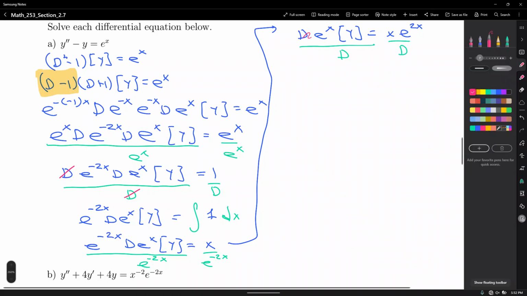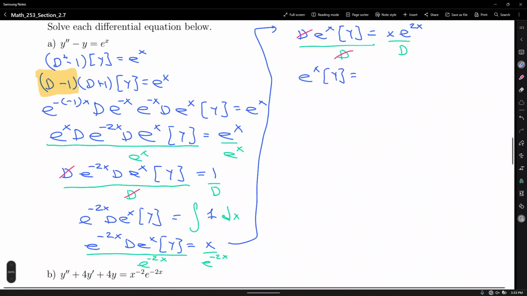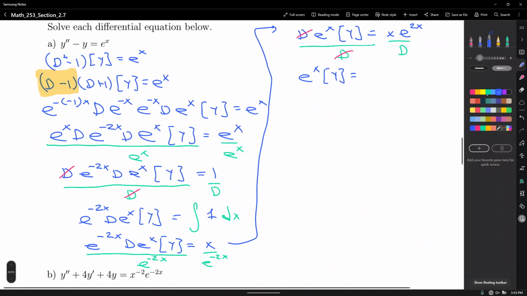We cancel the d's here, and the 1 over d becomes the integral. What I'm left with is e to the x y equals the integral of x e to the 2x with respect to x. Any ideas how to evaluate the integral on the right-hand side of this equation?